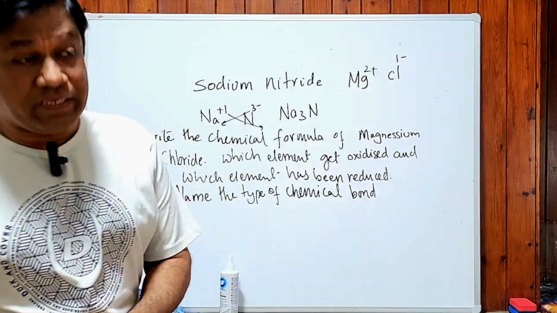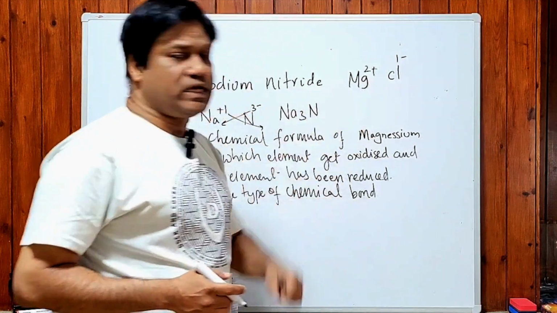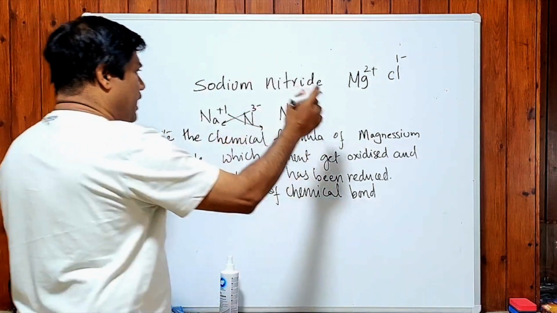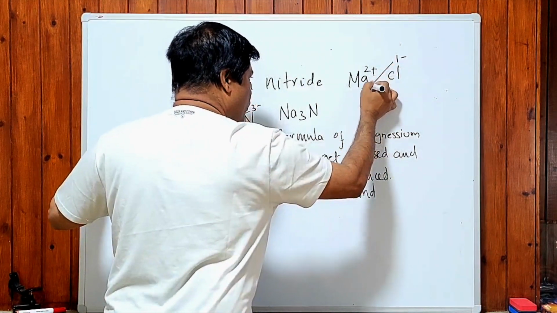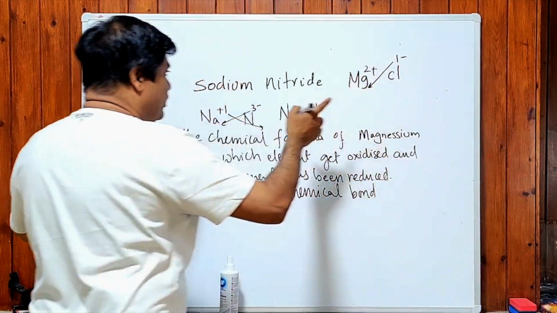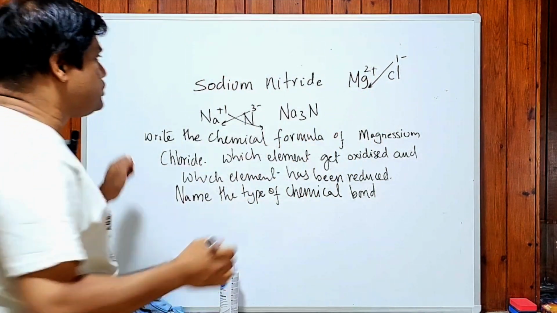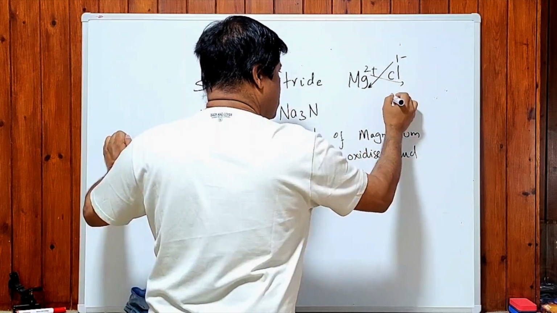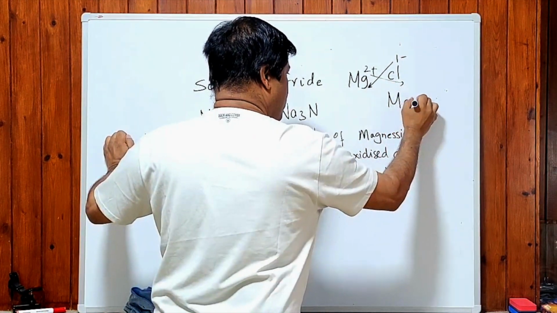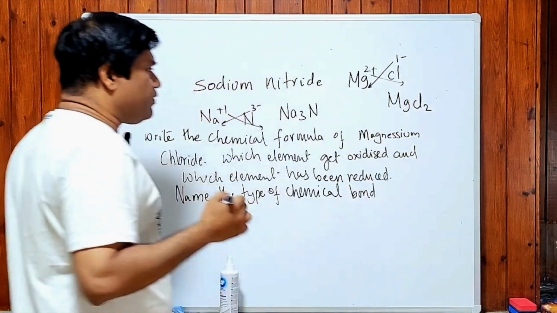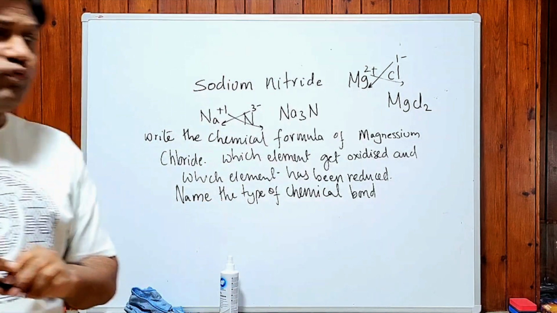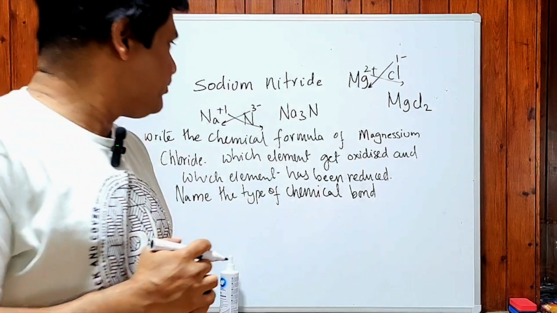It's called anion. Positive ion is called cation. So I told you, move to this side only the number, not the charges, and 2 to chlorine. MgCl2, magnesium chloride. This way we can write the chemical formula of any ionic compound.